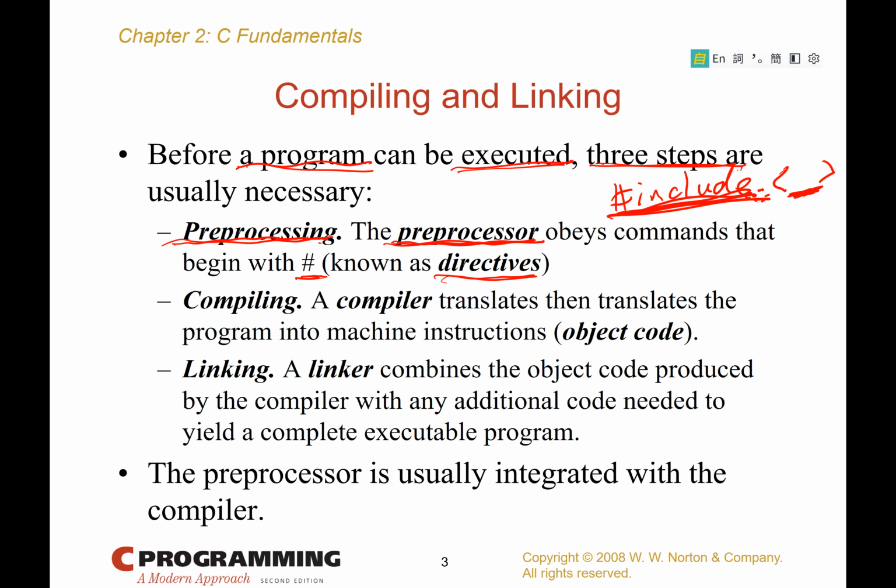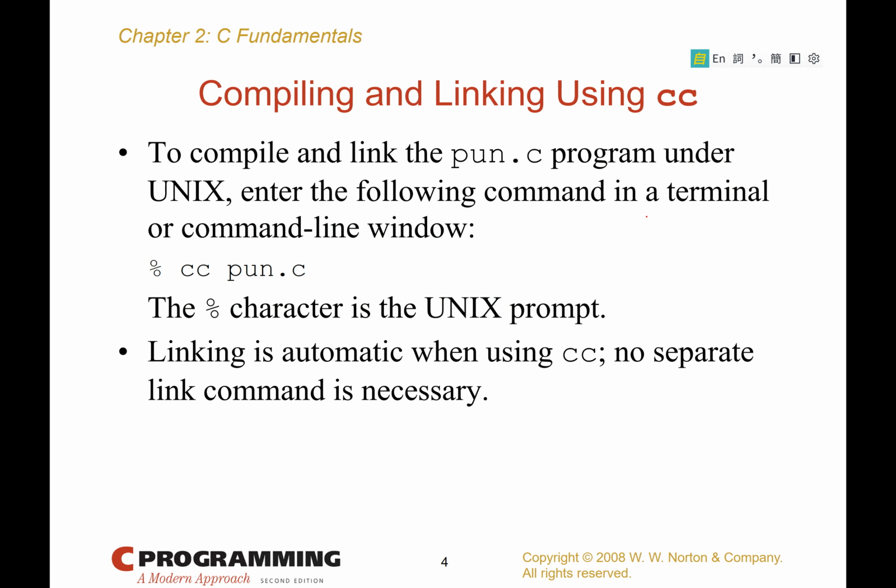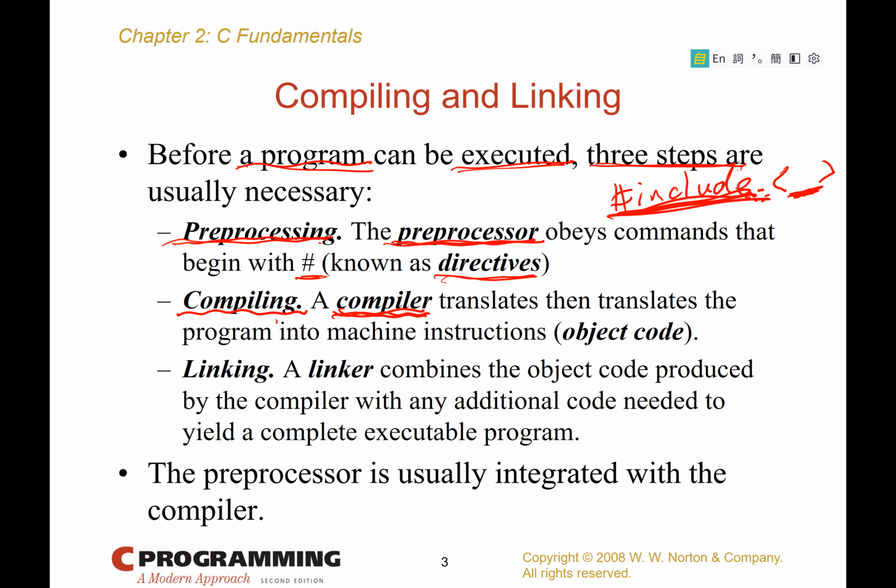Okay? So the next one is compiling. Who does the job? The compiler does the job. The compiler does the compiling, which is natural. When the compiler does compiling, it will not see this pound sign and the include.